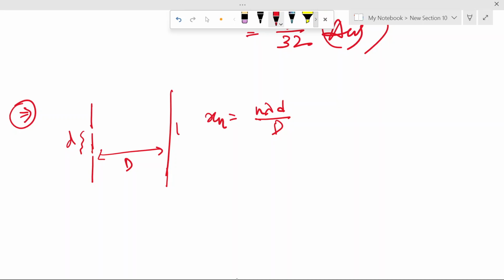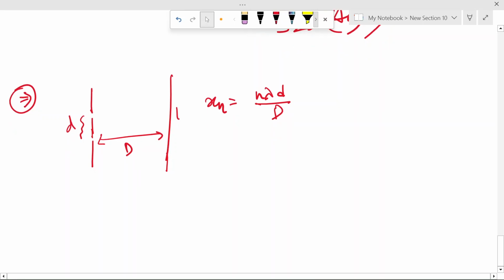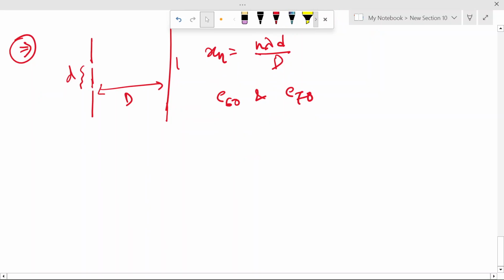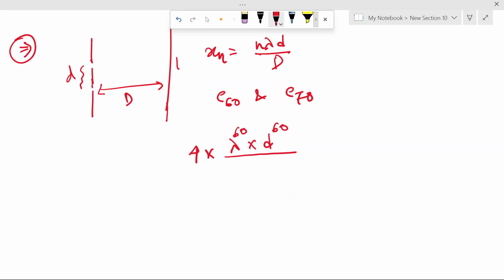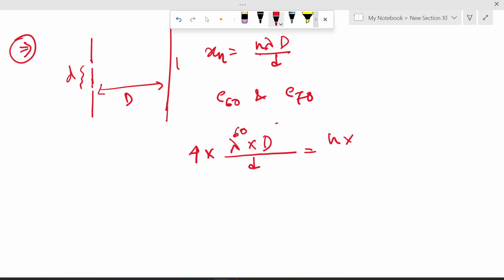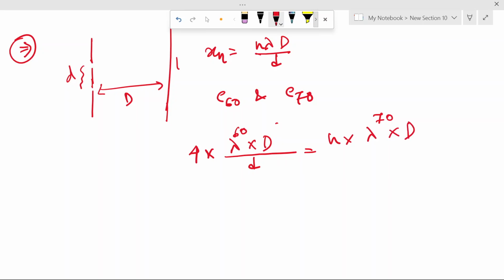What will happen here? It has been given that you have two atoms, C60 and C70, right? You do the experiment in both the cases and get the fourth bright fringe for C60, that is 4 into lambda 60 into capital D by small d 60, is equal to n into lambda 70 into D by d 70.